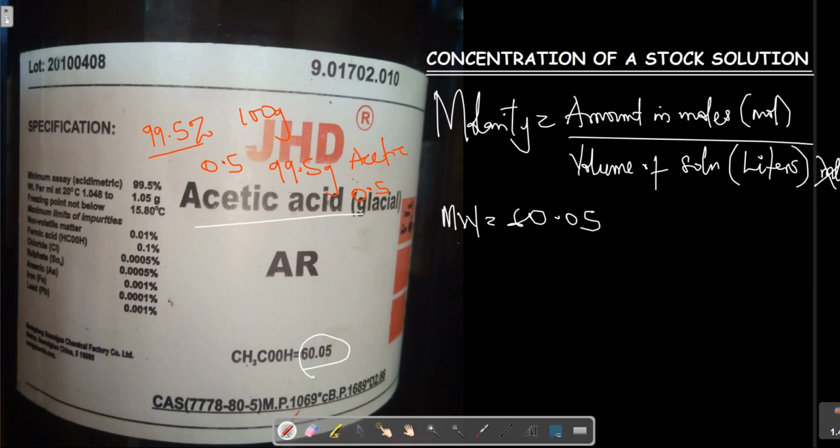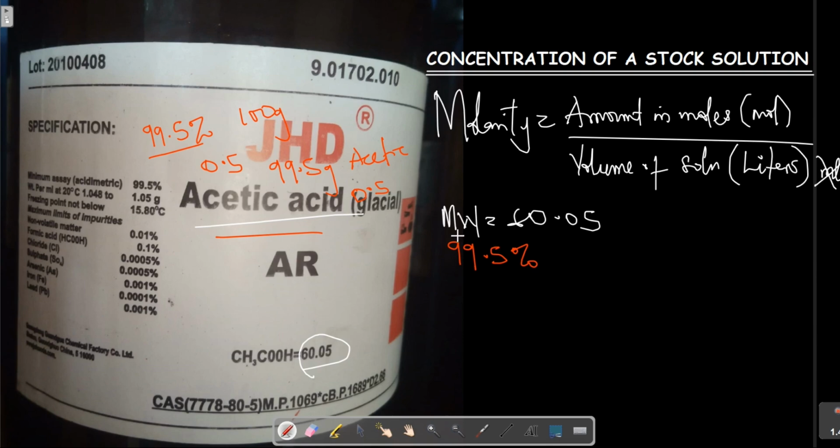So the percent concentration is 99.5, meaning this acetic acid contains 99.5 grams of acetic acid, while the remaining 0.5% is likely to be water or any other impurities.